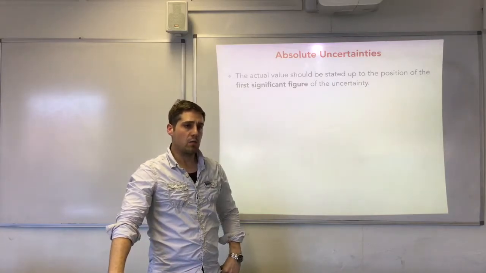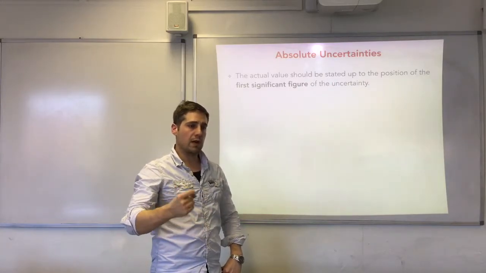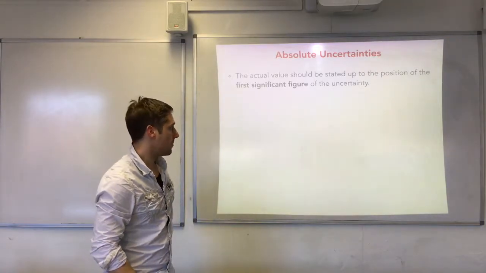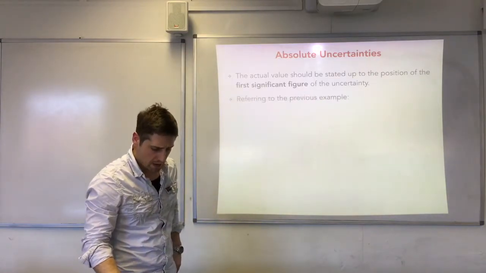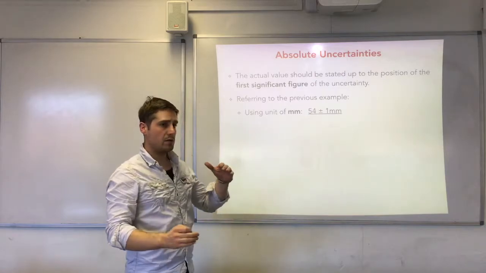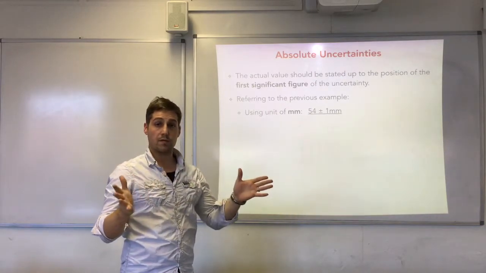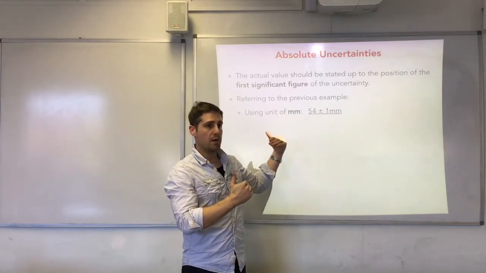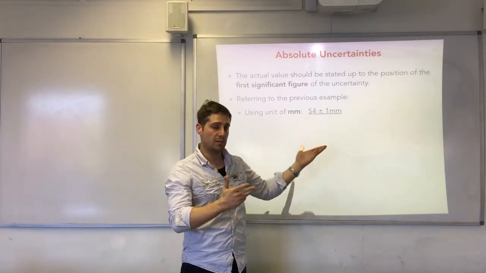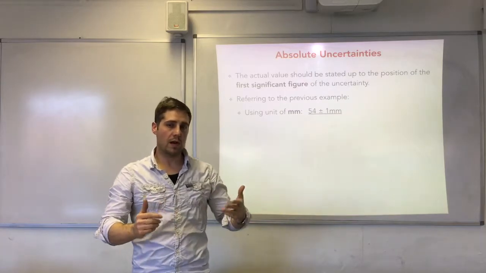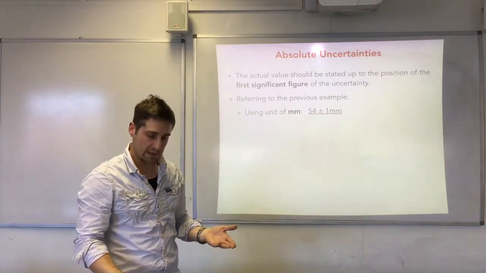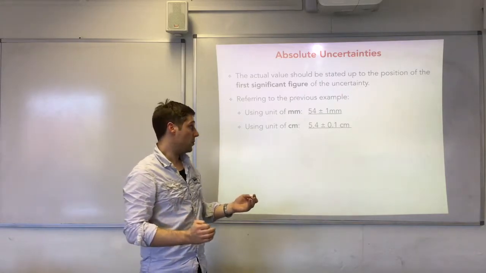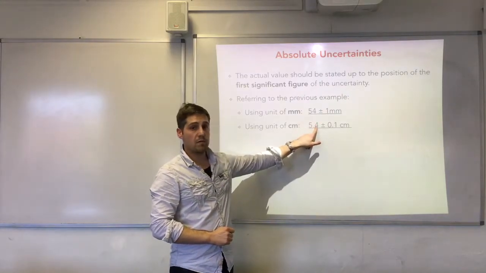Whenever you take the measurement, you write to the first significant figure of the uncertainty, so they have the same number of decimal places. And if I look at my previous example written with 3 different units, first up, I started off by stating the measurement was 54 plus or minus 1 millimeter. But you don't have to state it in millimeters, you could state it in centimeters. So 54 millimeters in centimeters is 5.4.